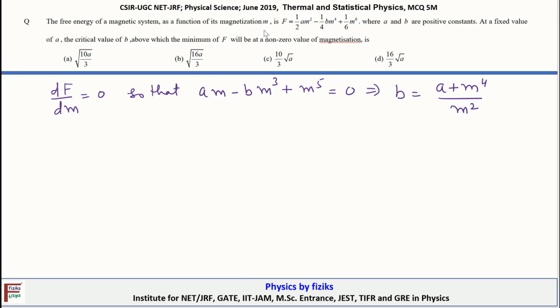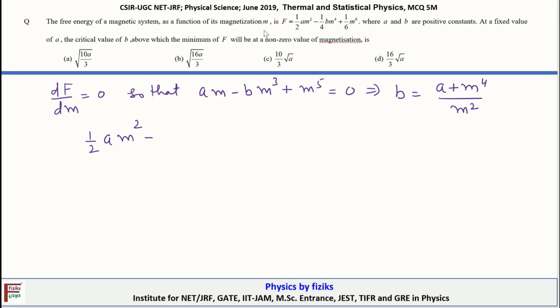Okay, now we are going to substitute this value of B again in the given equation of the free energy. So okay, let's do that. F will be 1 by 2 A M square minus 1 by 4 B M4.